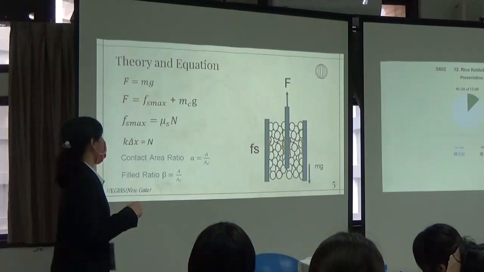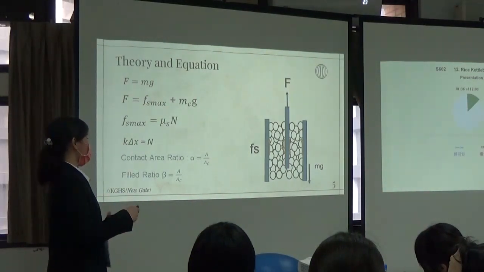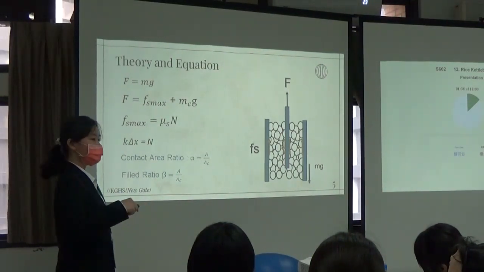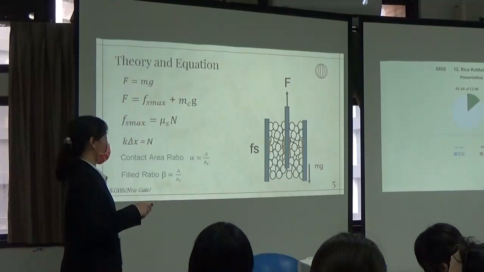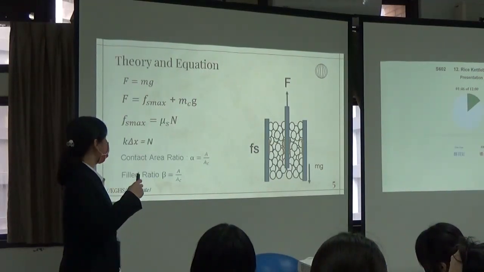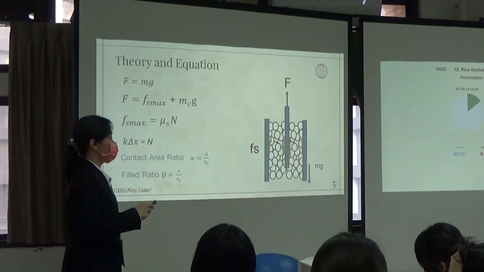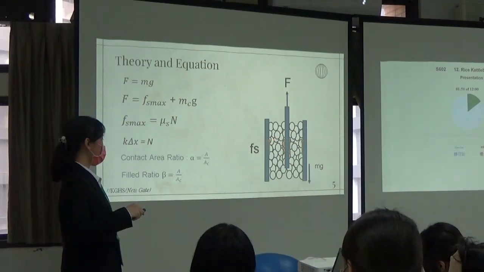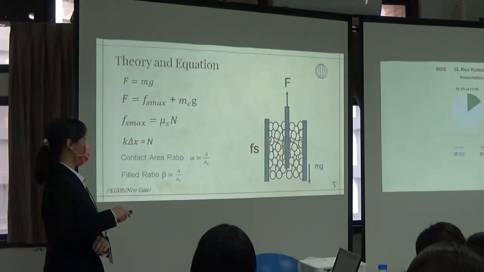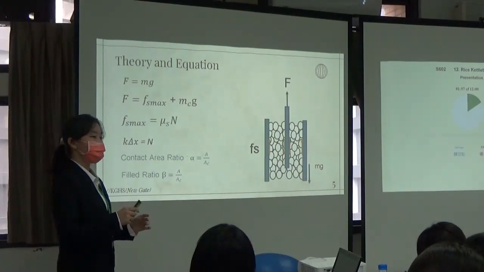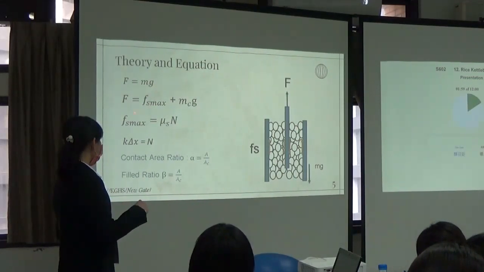Fs is the friction between the rice, or filler, that we put inside the vessel, and they have a coefficient mu-s, and N, which is the pressure between the stick and the rice and the vessel. Also, when you put some pressure on the rice, it changes its shape, and if you calculate it with K, you can get N, which we have here.